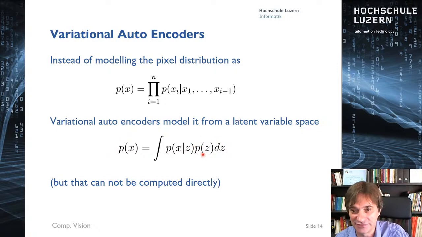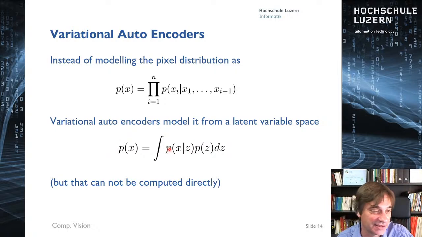And then we try to learn how to transform that space of latent variables using this integral and this probability function to get the probability of x, so a pixel having a specific color at a specific position.